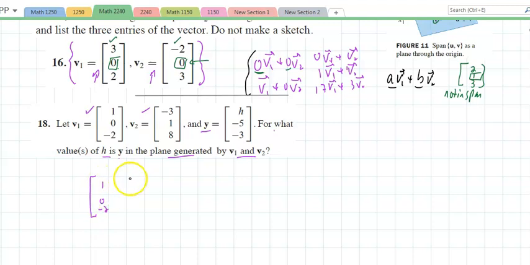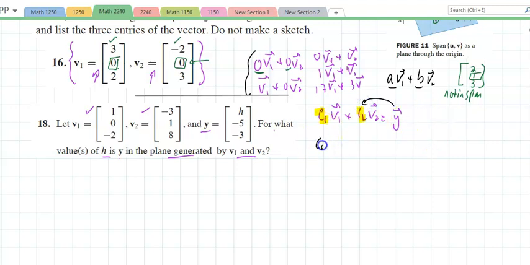Let me write that. Take C1 times V sub 1 plus C2 times V sub 2 equal to y. If you could find such C1 and C2, we say this is a linear combination of that, and therefore it's in the span.